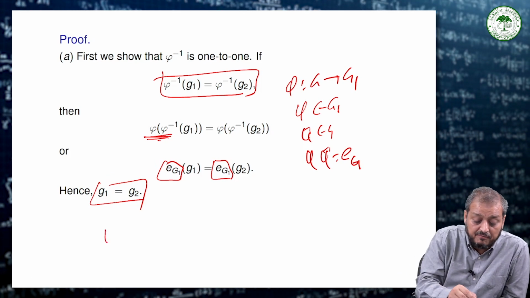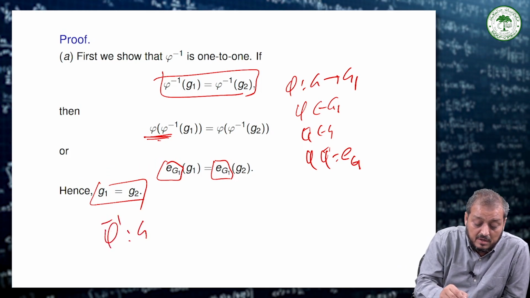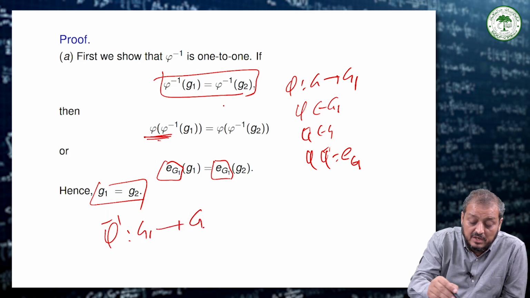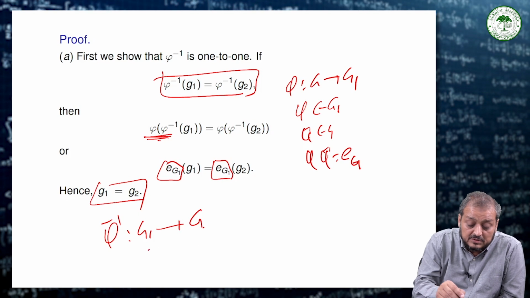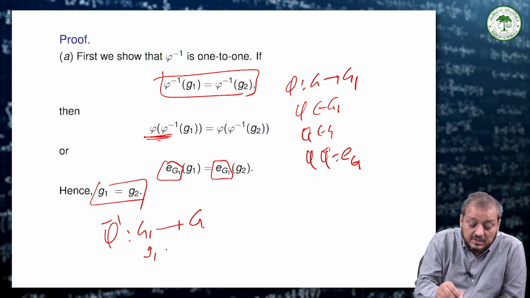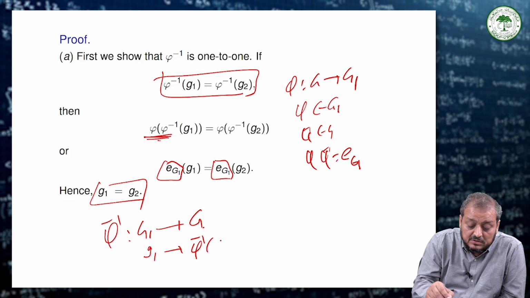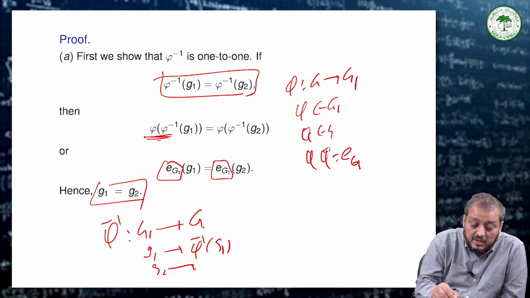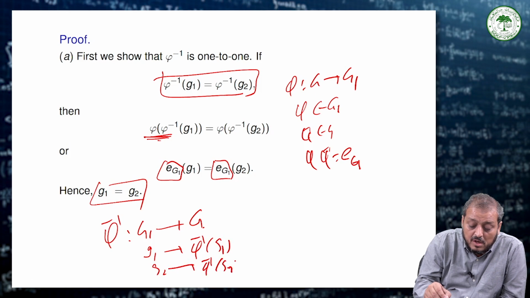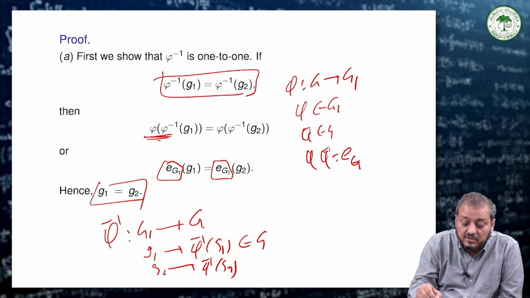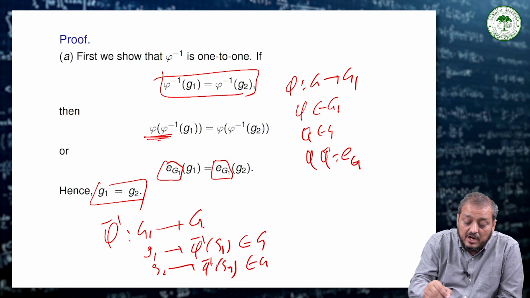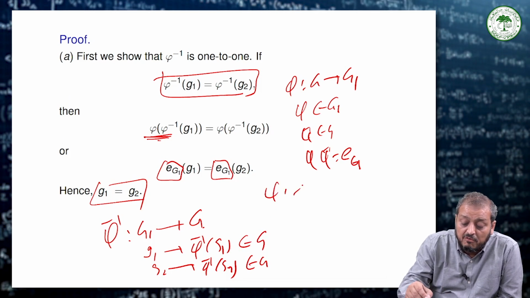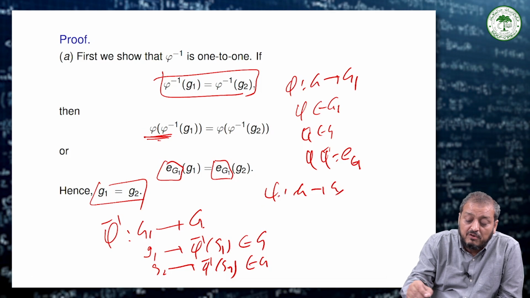Phi inverse is a map from G1 to G. So if g1 is an element of G1, then phi inverse of g1 is an element of G, and also g2 is in G1 and phi inverse of g2 is an element of G. Now, phi from G to G1 is 1-1 and onto.